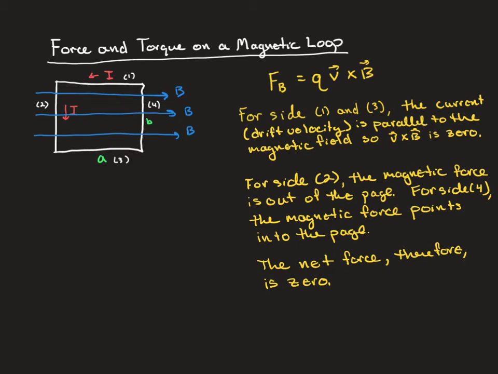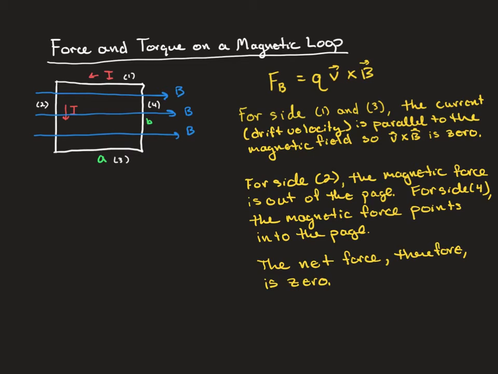So I point my fingers up, rotate them to grab B, and my thumb points into the page. So the force is equal but opposite, because we have the same charge, the same drift velocity, and the same magnetic field. So the net force, therefore, is 0.